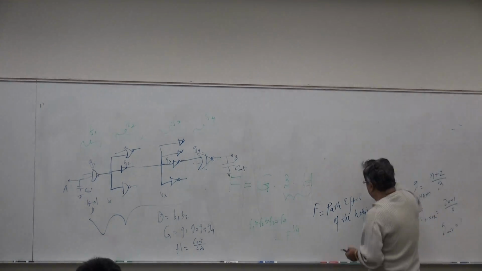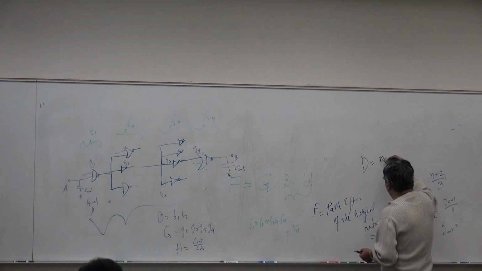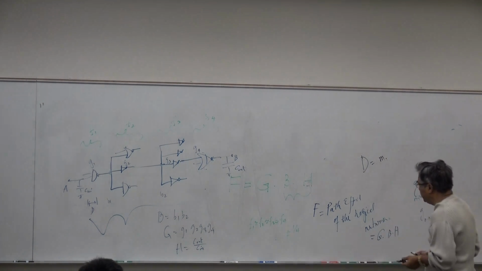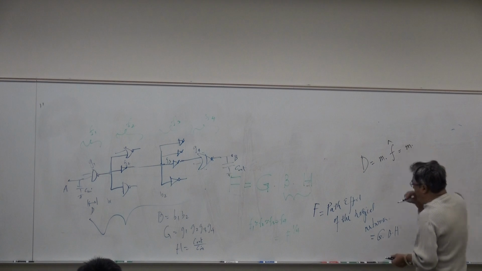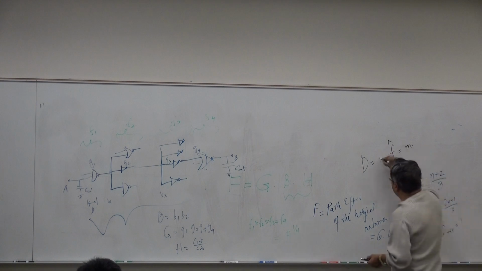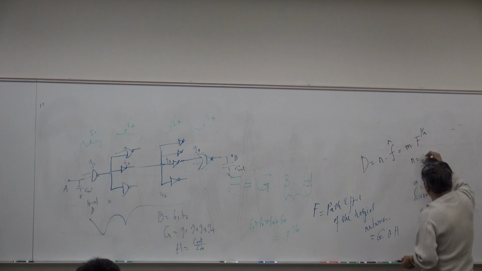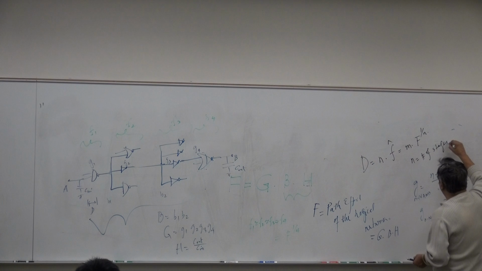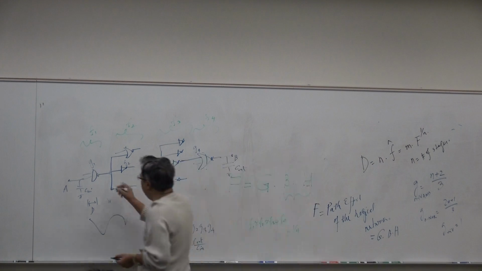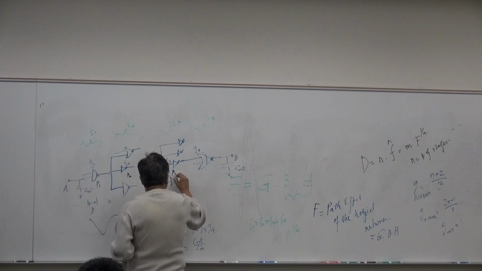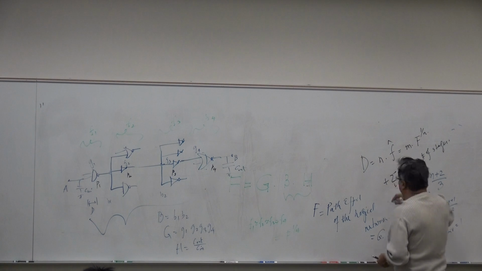In that case, the delay is equal to N, N is the number of stages, multiplied by F to the power 1 by N, plus the parasitic delay of this one, P1, P2, P3, P4, plus the sigma of Pi on the path.